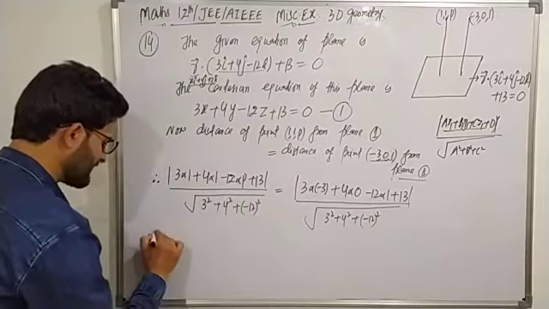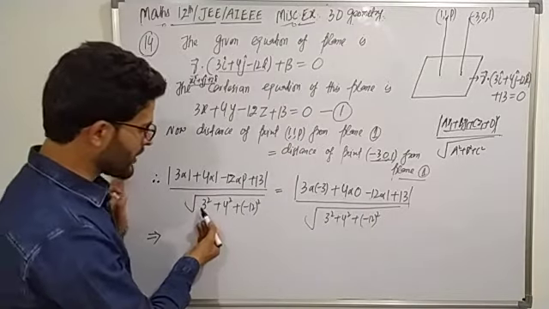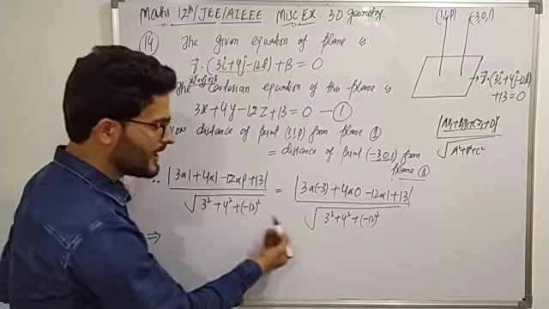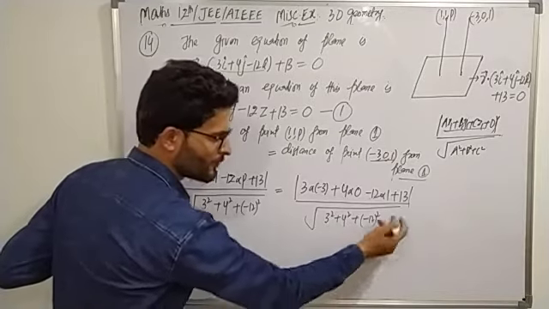So implies this can be written as, यहाँ पे भी डिनोमिनेटर में स्क्वायर रूट ऑफ 3 स्क्वायर प्लस 4 स्क्वायर माइनस 12 स्क्वायर.